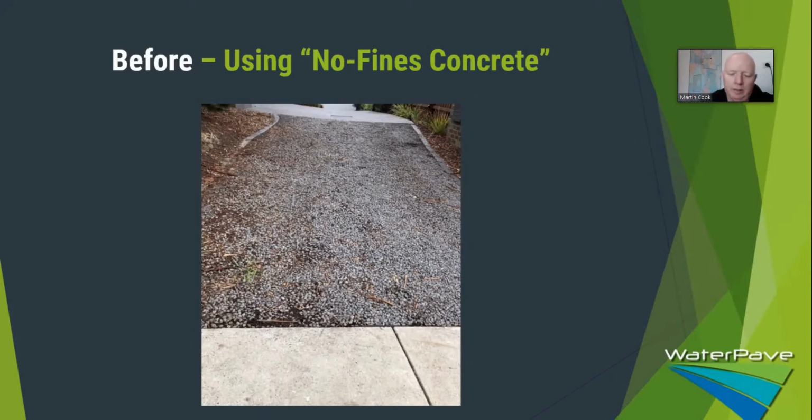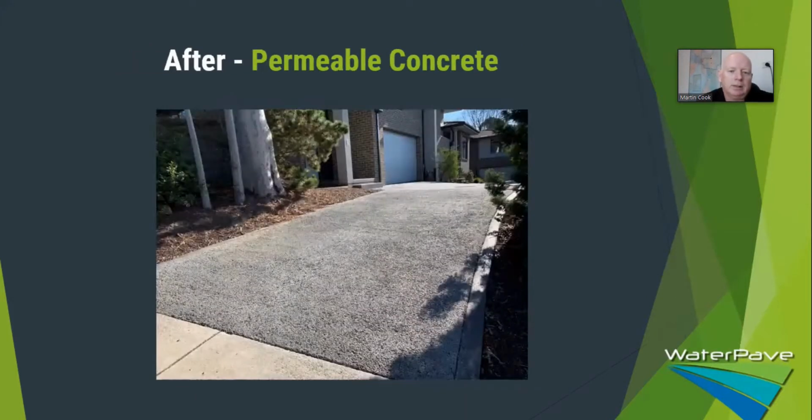So we went ahead and installed our dry con system, just a permeable concrete. And that's it there. You can see the gum tree in that. That's after, of course. So that's our permeable concrete system in place. Now that edge border there was put in to hold the no fines together.